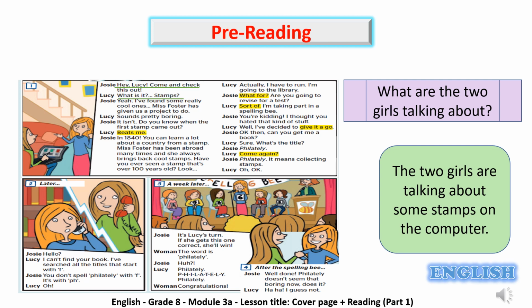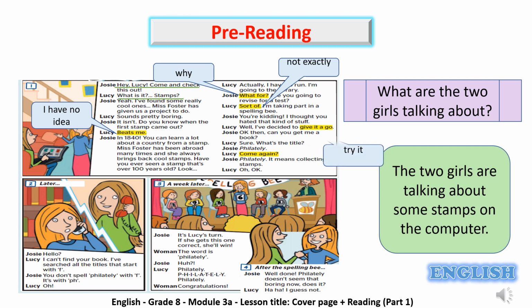Now, let us check the meaning of the highlighted words. Beats me, it means I have no idea. What for? Why? Sort of, not exactly. Give it a go, it means try it. And finally, come again. What did you say?